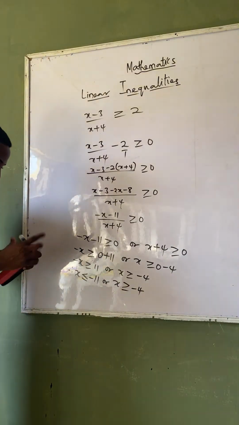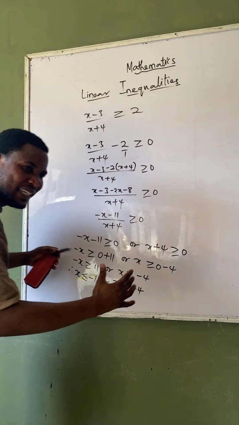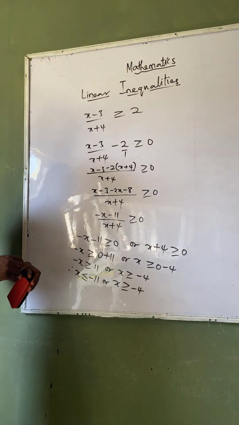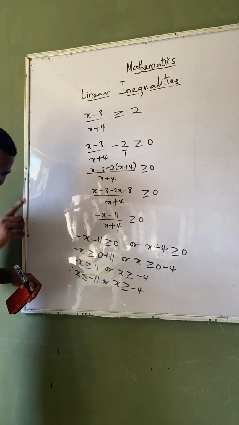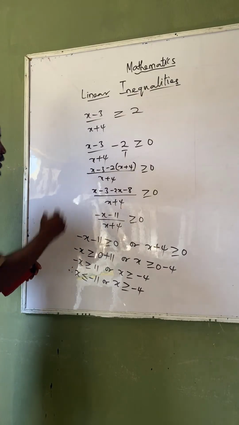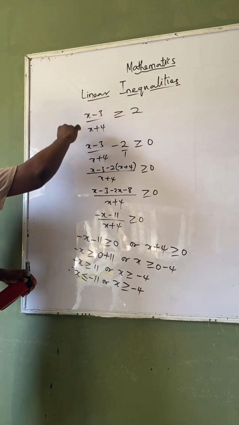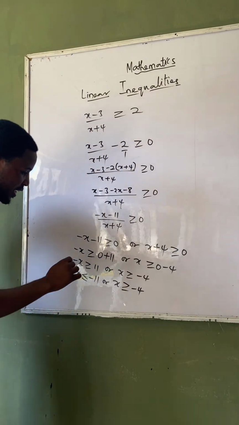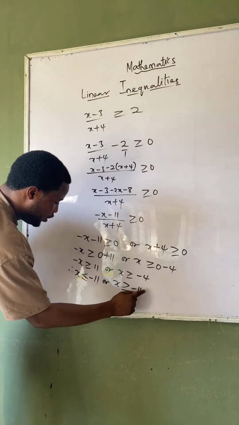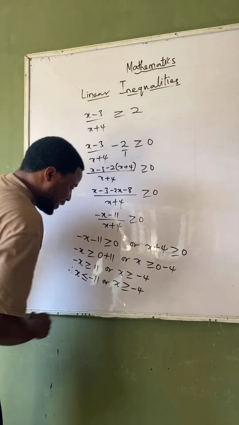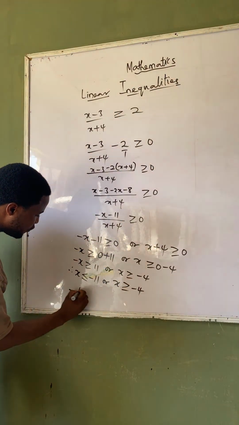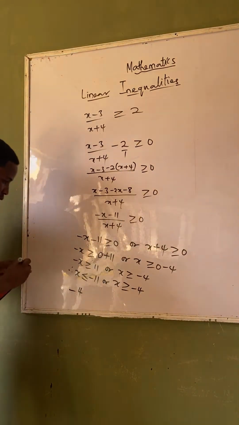Now, guys, let's look at this. Now I can bring the two inequalities together, or I can try them both and put it here. Will it work? Let's see. Let me join these together first. That means I can say that minus 4. Okay, hold on.